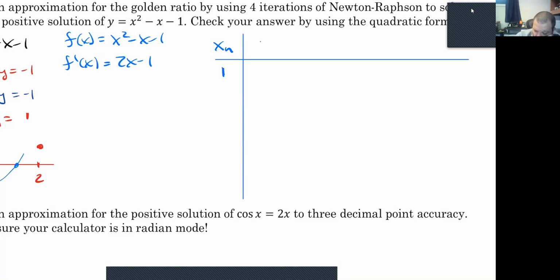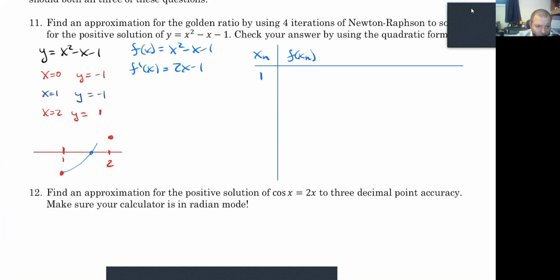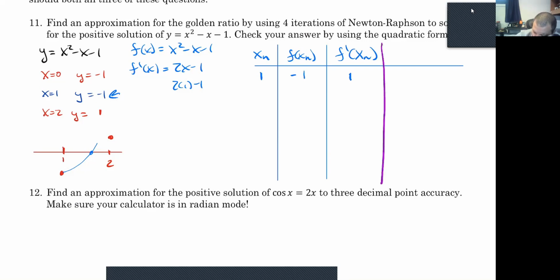1 looks like it's going to be a good one. So then f of x, well, we evaluated the function when x was equal to 1. We got negative 1, so we're not wasting any time, thanks Bolzano's theorem. The second thing we need is the derivative at this initial guess. So if I plug in 1 into our derivative, 2 times 1 minus 1 is simply 1. Nice, easy slope. And then we need to take the ratio of the previous two columns.